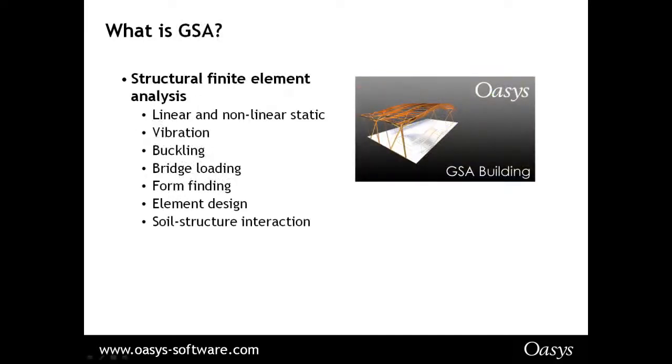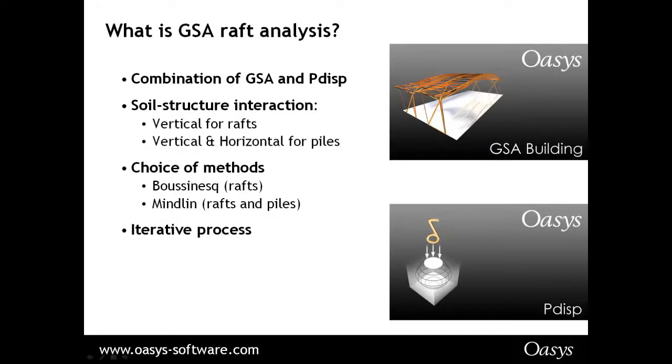Now PDISP is combined with GSA, which is our structural fundamental analysis program, which does many different types of analysis, but the one in particular we're interested in is soil structure interaction. So this combines GSA and PDISP.